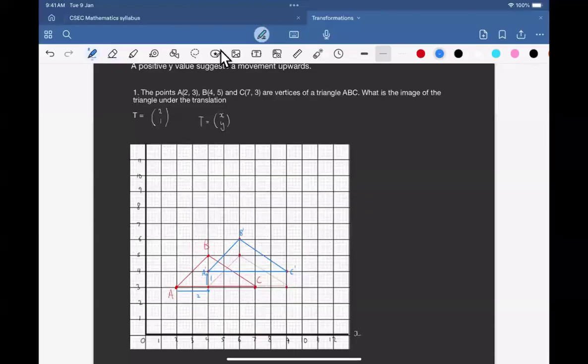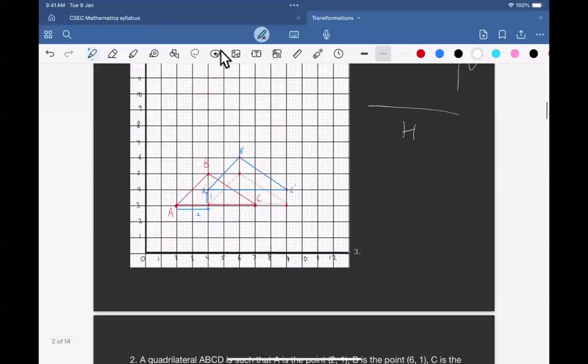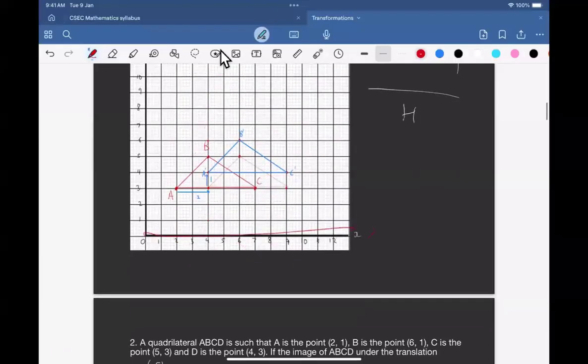Sasha, the X movement, is it horizontal or vertical, if you're moving on the X axis? Horizontal is like this. Vertical is like this. This is horizontal and this is vertical. Yeah, X is horizontal.